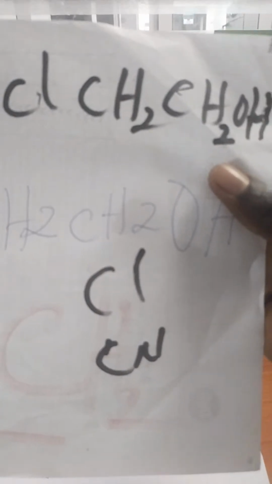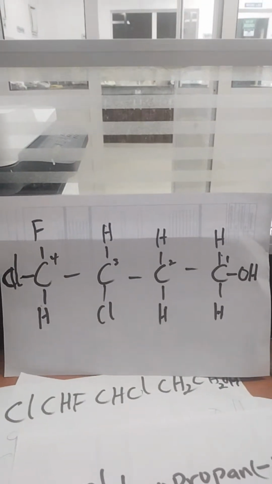The rule says you will still follow the arrangement of letters of the alphabet. C comes first, but unfortunately both of them have C. The next thing is to look at which letter follows. L comes before N, so chloro will be named first before the CN. Do you understand that? So let's go back to our question. I was just trying to ensure that you understand. So at this point, what will be the IUPAC name for this particular compound that you are seeing?